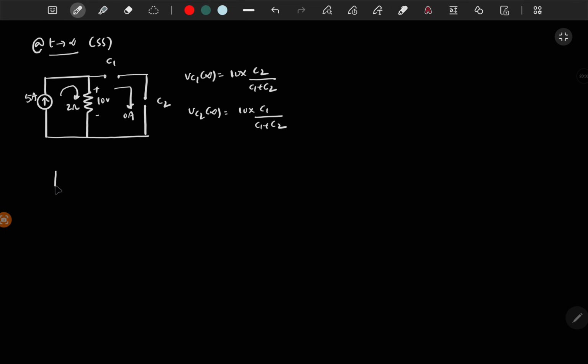So if you draw now Vc1 and Vc2, it starts at 0, then it will go to 10 C2 by C1 plus C2 at steady state.